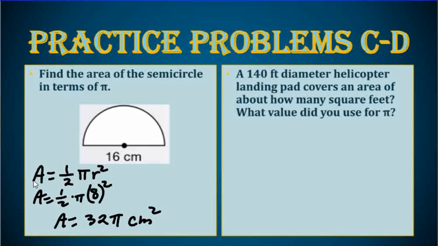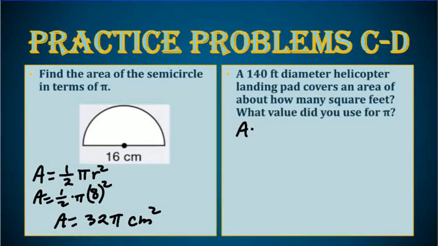Next one, a 140 feet diameter helicopter landing pad covers an area of about how many square feet? What value did you use for pi? So the diameter is 140. The radius is half of that, so half of 140 would be 70.